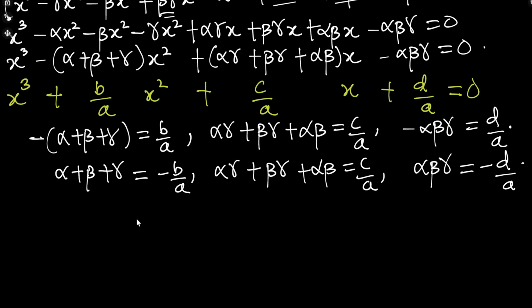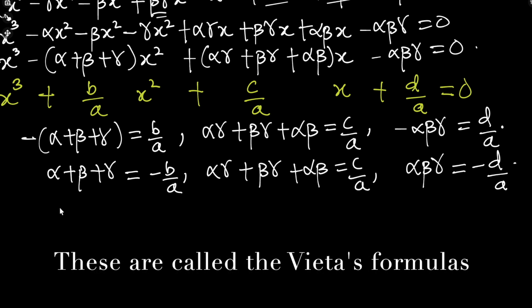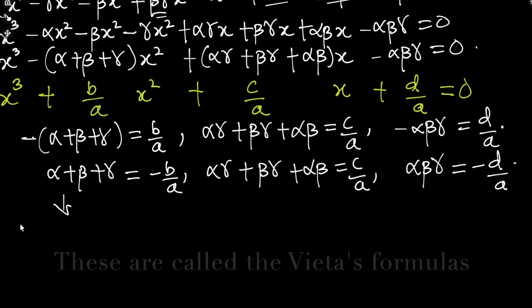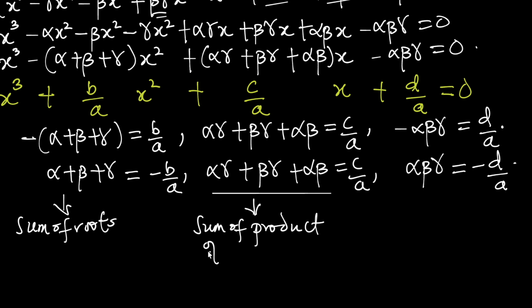Now alpha plus beta plus gamma is what we refer to as the sum of roots. Alpha gamma, beta gamma, and alpha beta, this is referred to as the sum of product of roots. And this is the product.